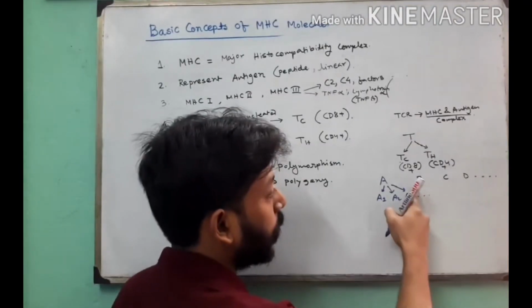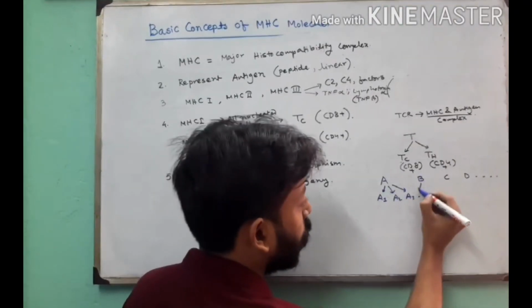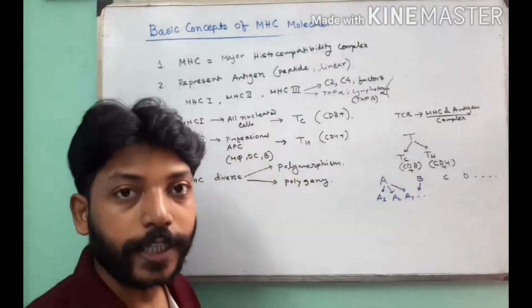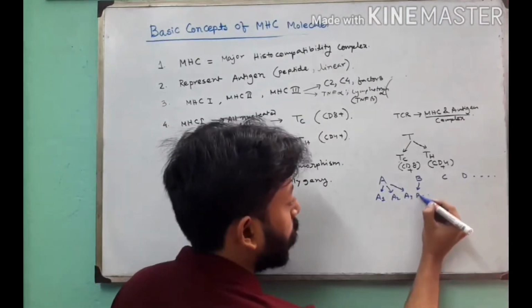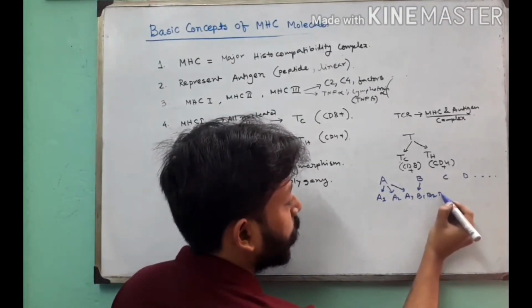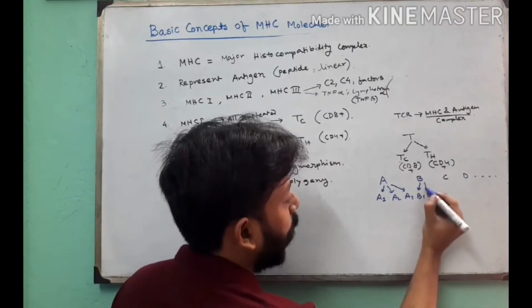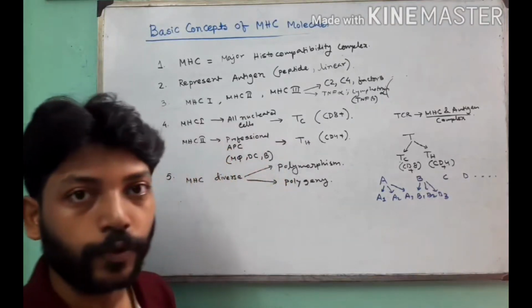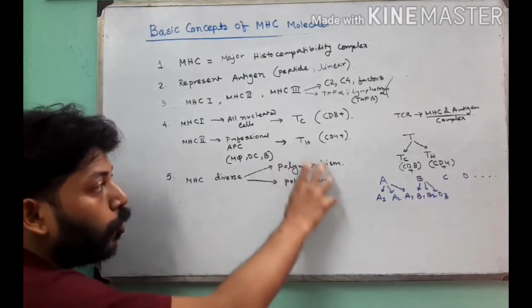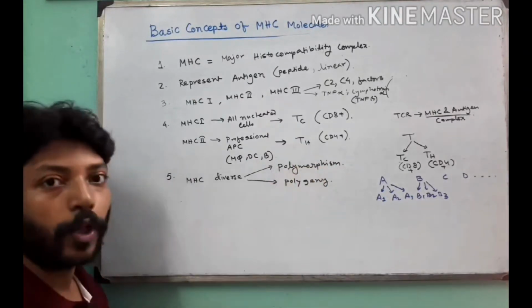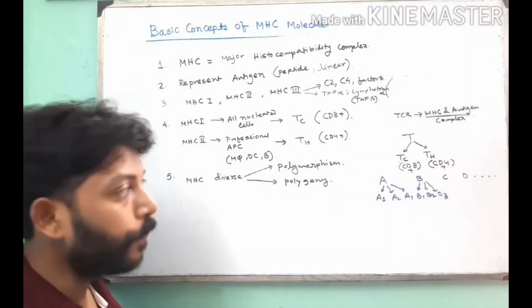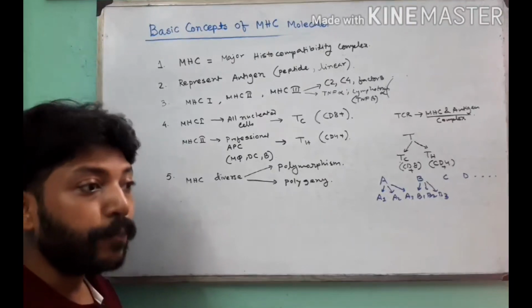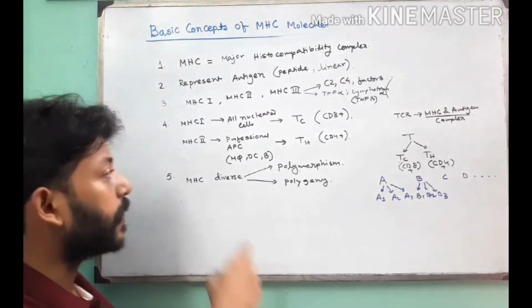And all these genes, like B, also contain polymorphic or alternative allelic forms like B1, B2, B3. Now you can imagine how much diversity can be produced from these two mechanisms. One is polymorphism, alternative allelic forms, and polygeny means many different genes are expressing the same MHC molecule.